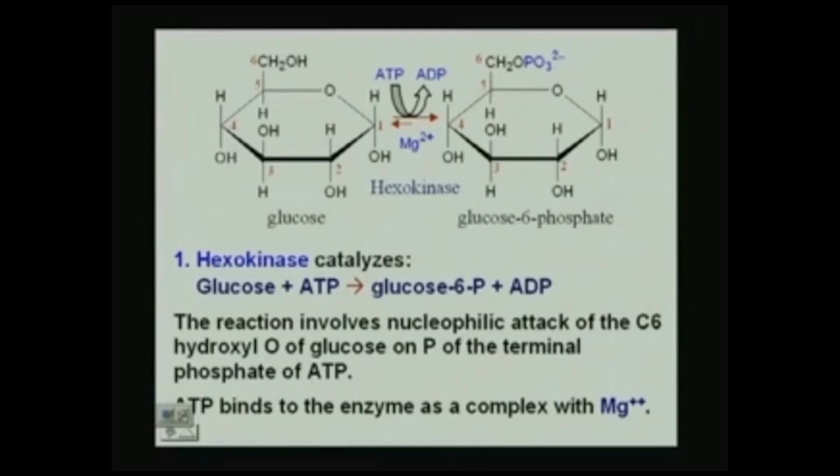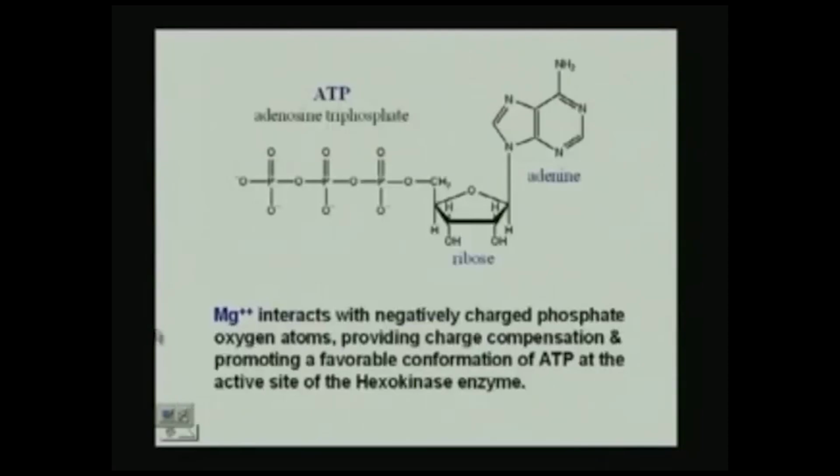Now, why would we have magnesium there? What is ATP? ATP has a large number of negative groups. There are 3 phosphates, one after the other. Magnesium interacts with the negatively charged phosphate oxygen atoms and provides charge compensation, and also promotes a favorable conformation of ATP at the active site of the hexokinase enzyme.